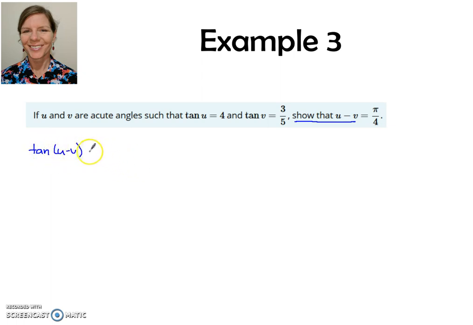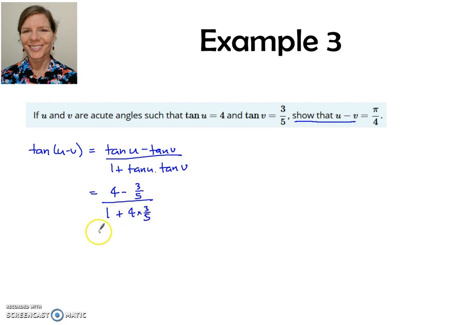Okay, so tan of u minus v, using our formula, is tan u minus tan v over 1 plus tan u times tan v. And I have those values, so tan u is 4 minus 3 on 5 over 1 plus 4 times 3 on 5. Okay, and if you work that out, it actually comes out as 1.